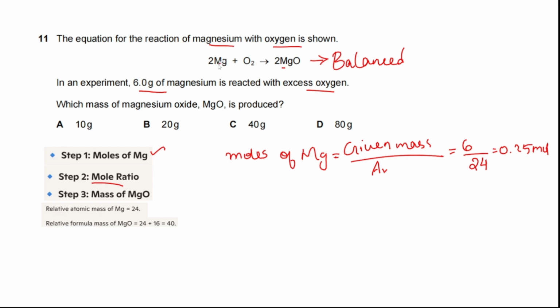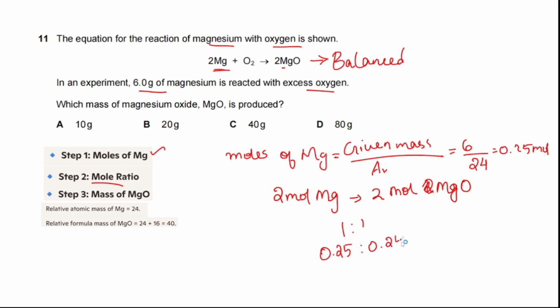Now you can compare the ratio. 2 moles of magnesium gives you 2 moles of MgO. So it's a 1-to-1 ratio. So if there is 0.25 moles of magnesium, that will give you the same amount since it is a 1-to-1 ratio.